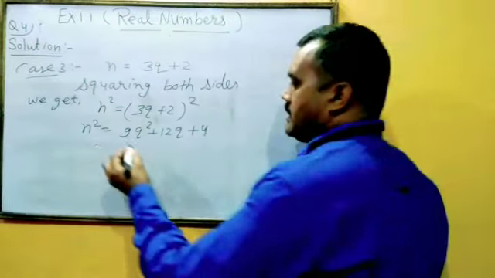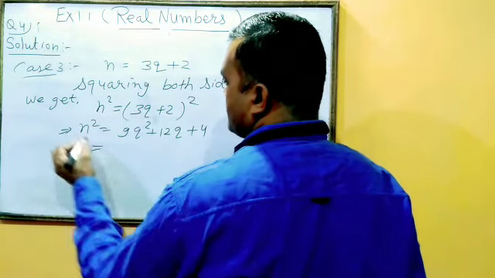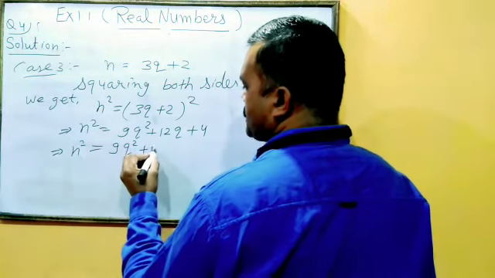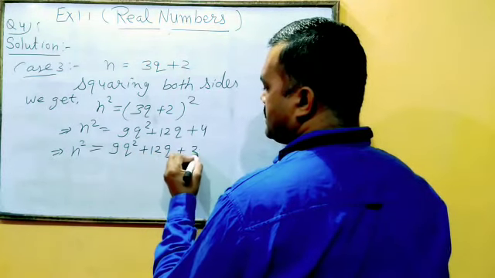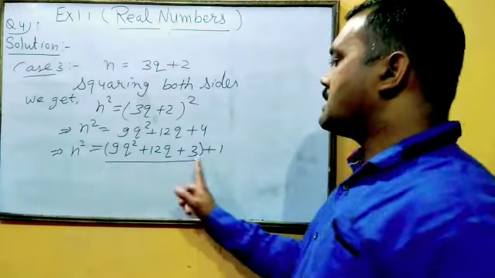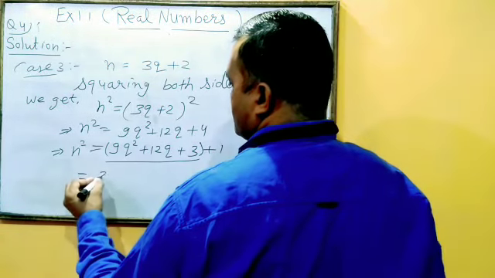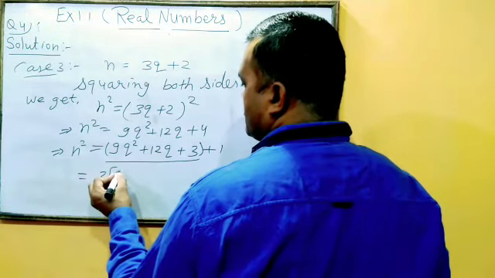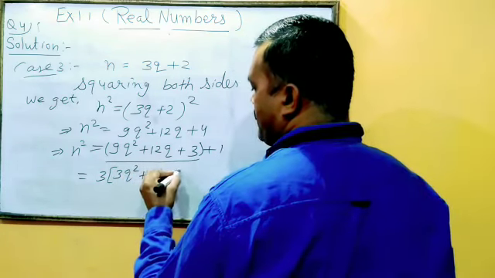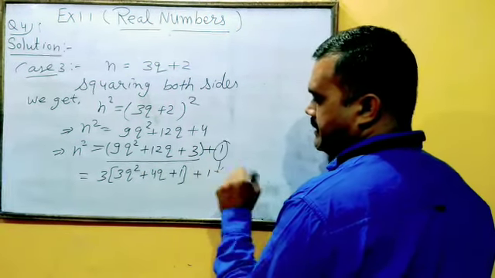Let us see what our next step is then. 9q square plus 12q plus 3 plus 1. Now from this part you need to take 3 common, because you can see 3 is common everywhere. So 3 is taken out from the bracket. We have 3q square plus 4q plus 1, and finally this 1 outside.